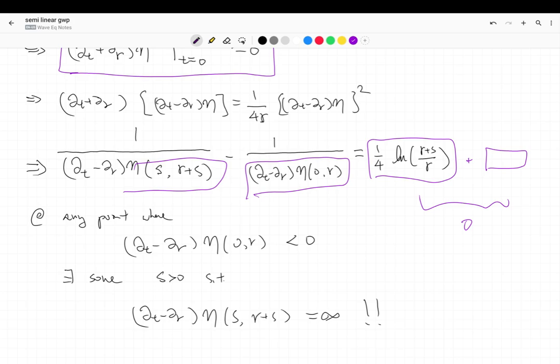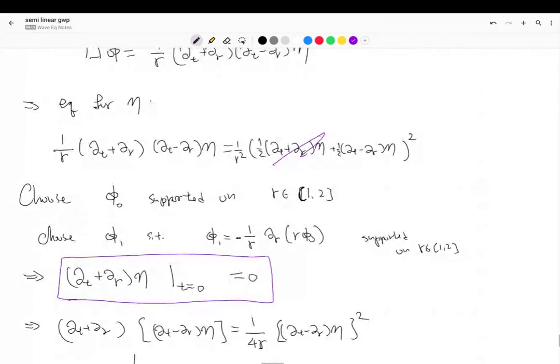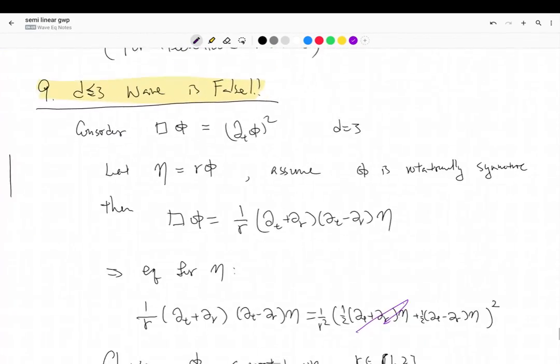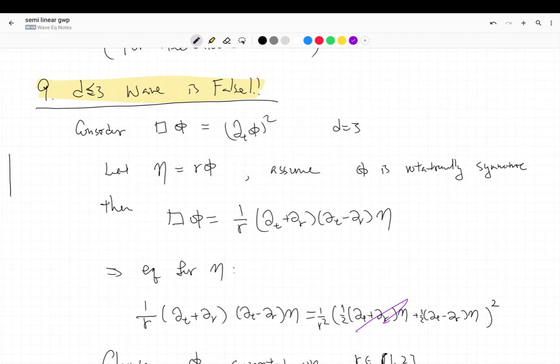So the upshot is that when dimension d is less than or equal to 3, when you try to solve the semi-linear wave equation for generic quadratic nonlinearity, it is very possible, in fact generically true, that there exists arbitrarily small initial data for which the solution does not exist for all time. So we do not have global well-posedness for such partial differential equations.